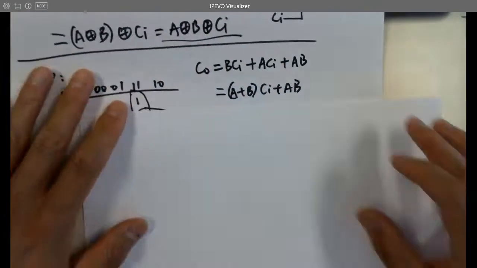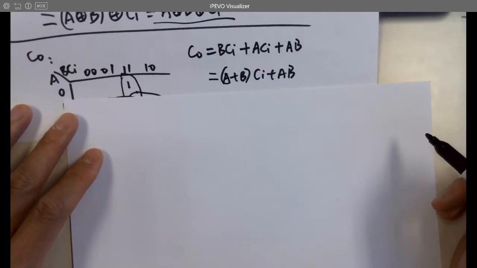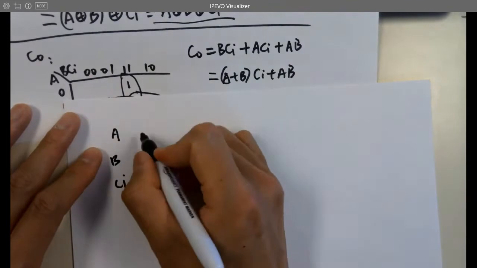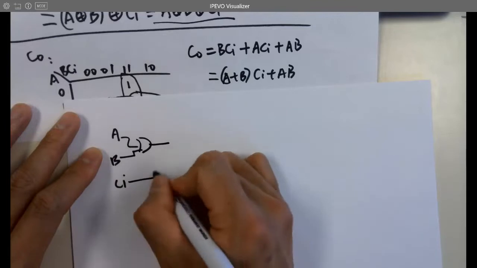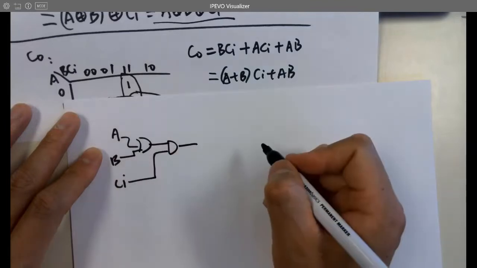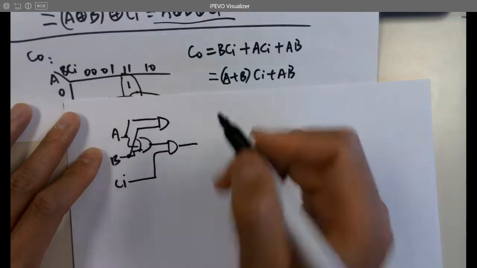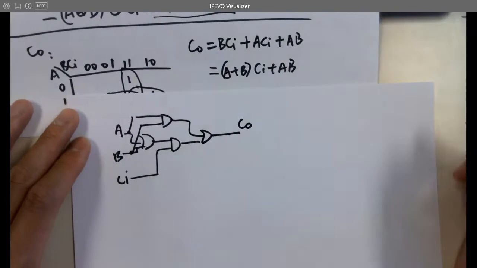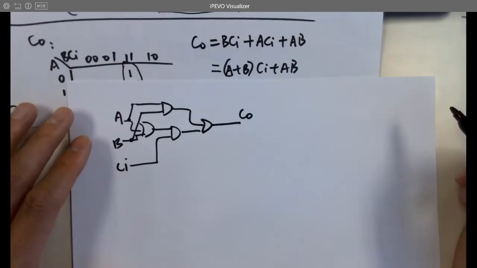So what's the circuit for this CO? Definitely not the best way to do it, right? That's why we want to learn AOI logic.